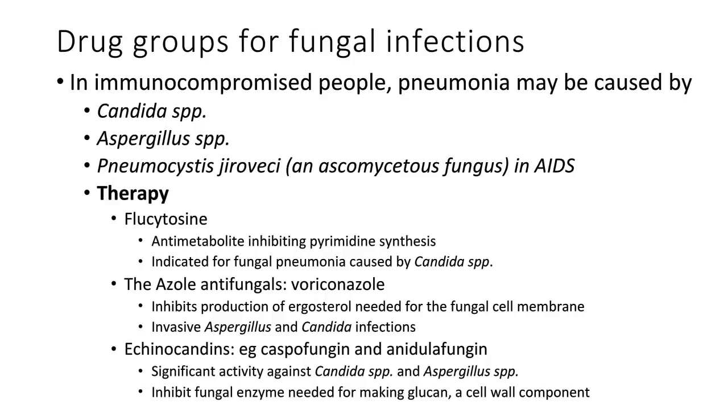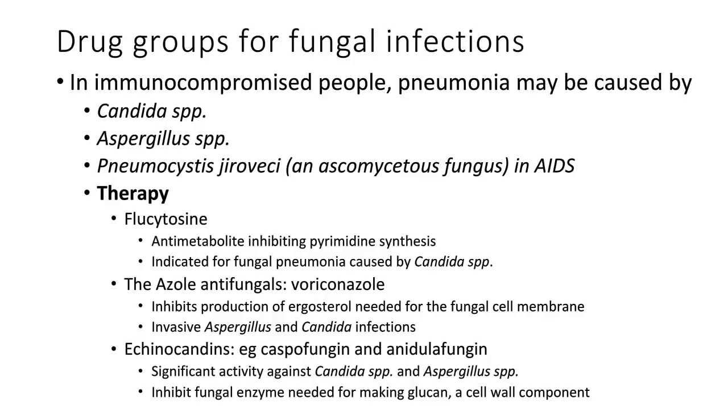There are three groups of drugs, essentially, that we use in fungal infections. Flucytosine is an antimetabolite that stops the fungus from being able to make pyrimidine nucleic acids, and so it's used in any of the Candida species infections.